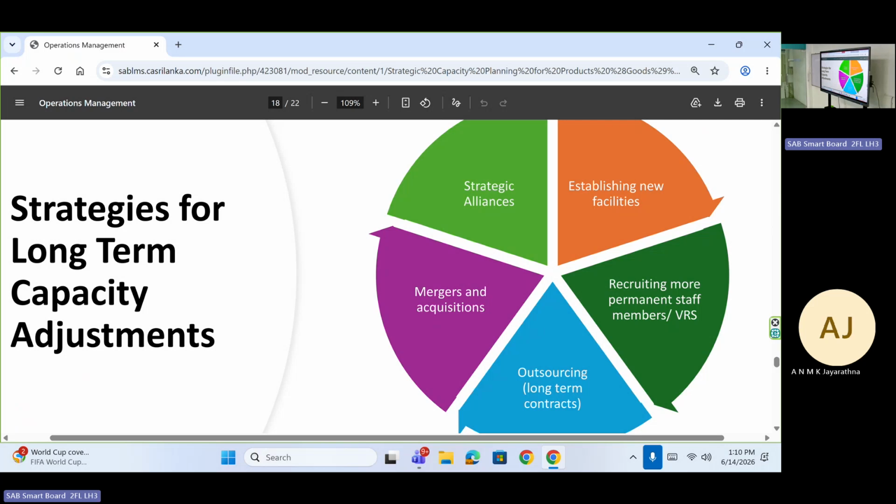If the company recruits permanent staff, that comes under long-term. Then outsourcing based on long-term agreements, not short-term. We have discussed outsourcing under short-term also. Here, outsourcing based on long-term agreements, more than 1 year. Then mergers and acquisitions as well as strategic alliances. Write down any three from these different options.